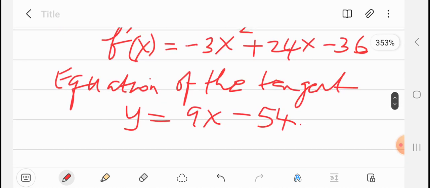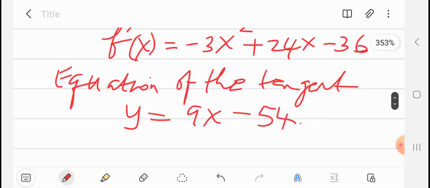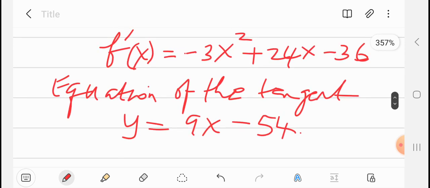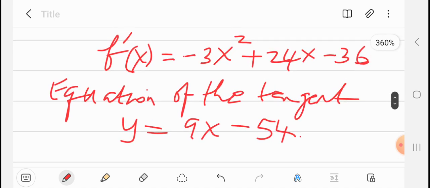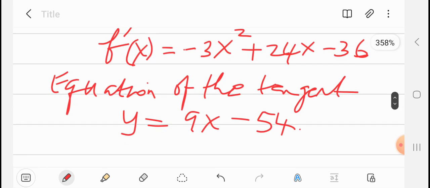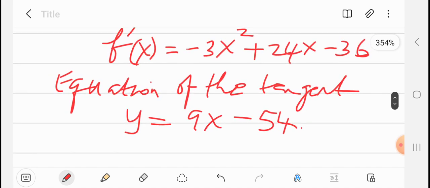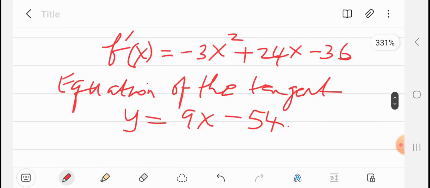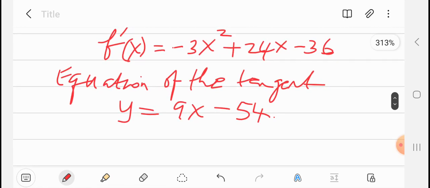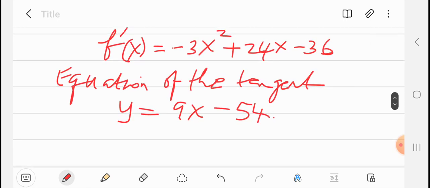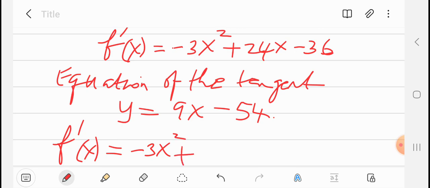We've already found the first derivative, so at that point the first derivative f prime of x, which is minus 3x squared plus 24x minus 36, is equal to 9.